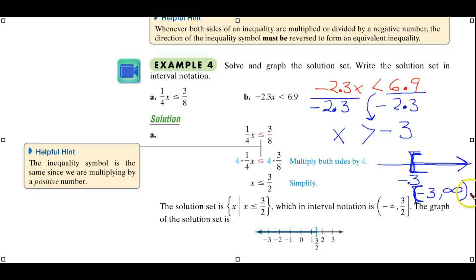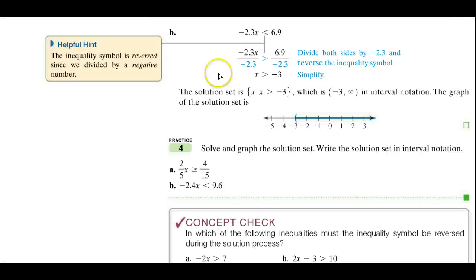Remember, infinity is always with a parenthesis. And there's the solution, and they're really pointing out the reversal of the inequality sign because we're dividing by a negative. And then writing it in interval notation.